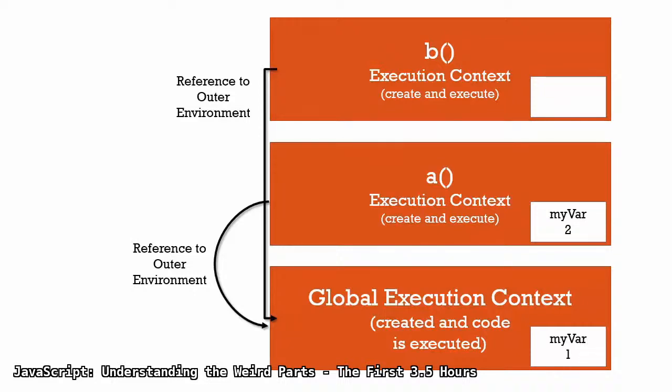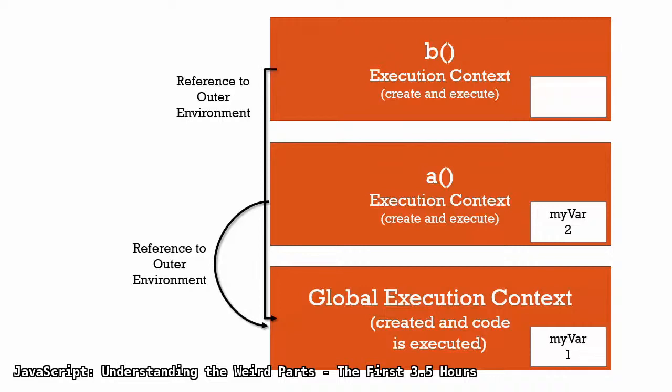Now, this entire act of searching, this chain of references to outer environments, because this execution context stack could get really tall, and maybe my var is a ways down the stack. It has to search one and then look for another outer environment and search again until it gets all the way to the bottom where the global is, where there is no outer environment, to find my var.